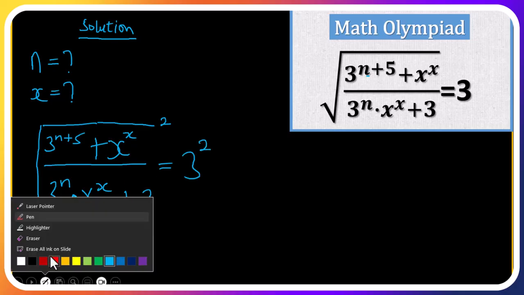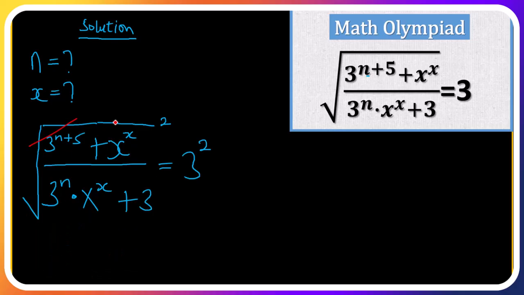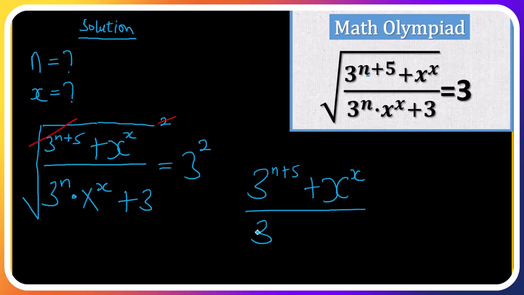Now the square gets rid of the root, and we have 3 raised to the power n plus 5 plus x raised to the power x, dividing 3 raised to the power n by x raised to the power x plus 3, equals 9, which is 3 squared.